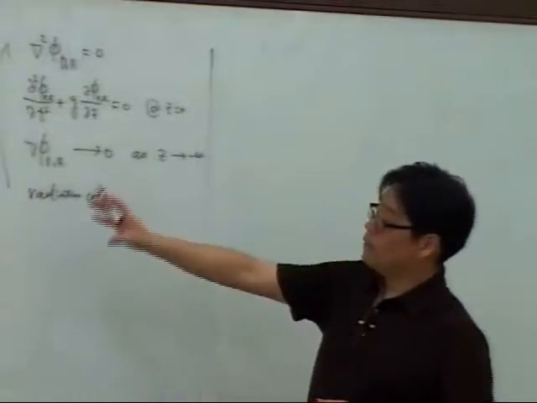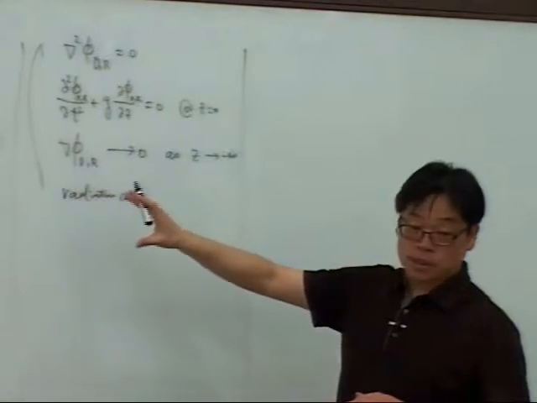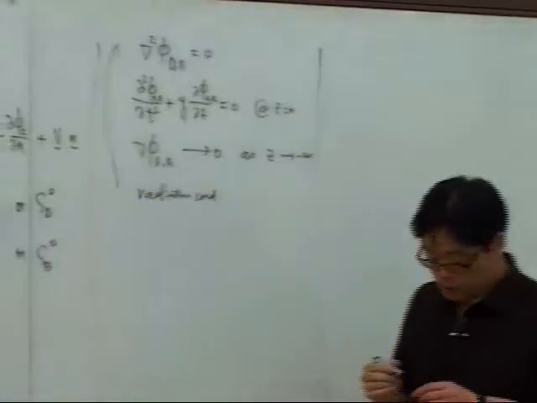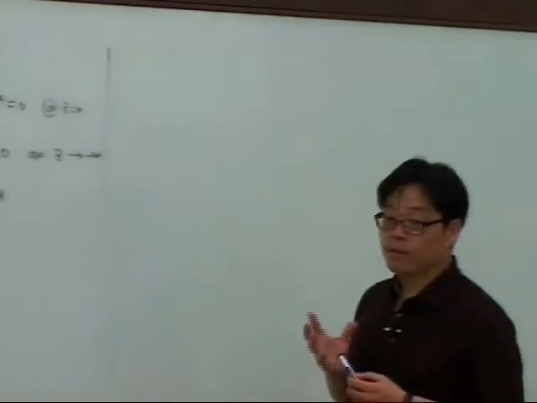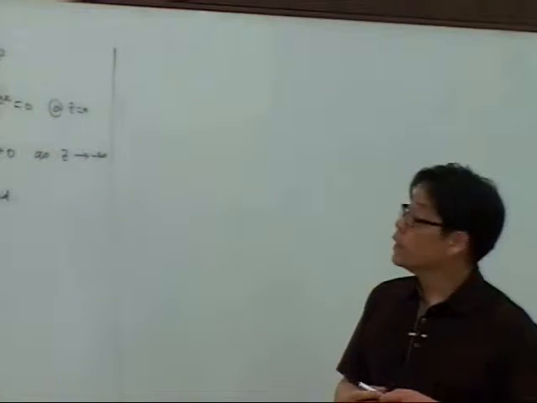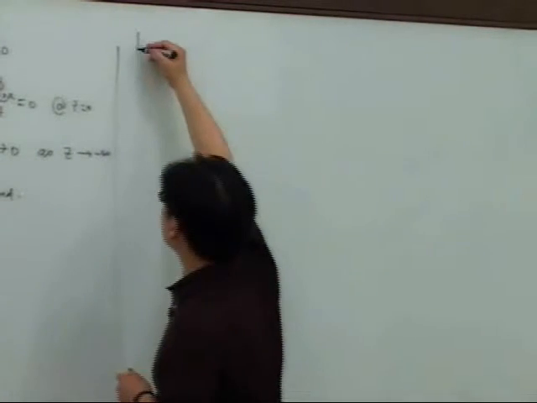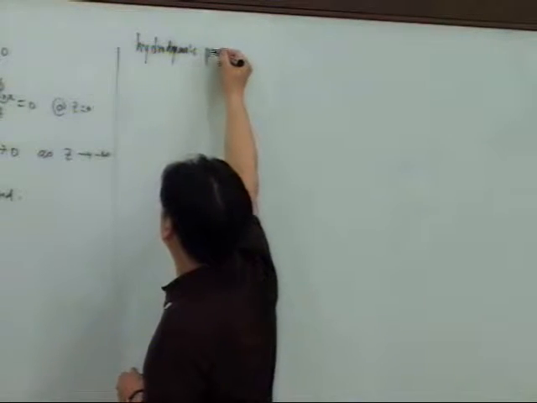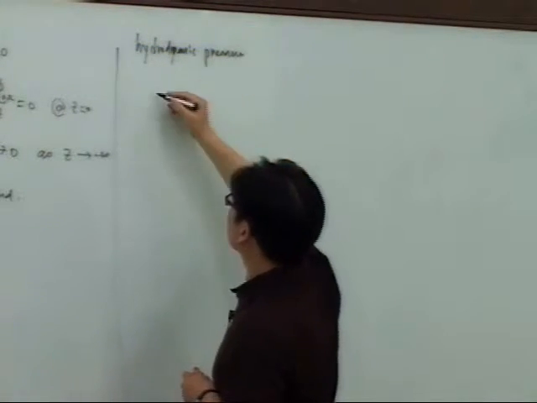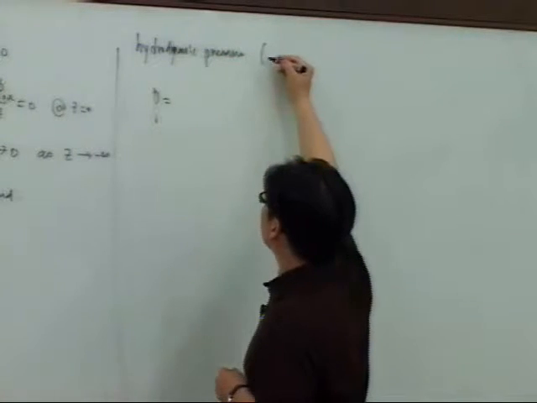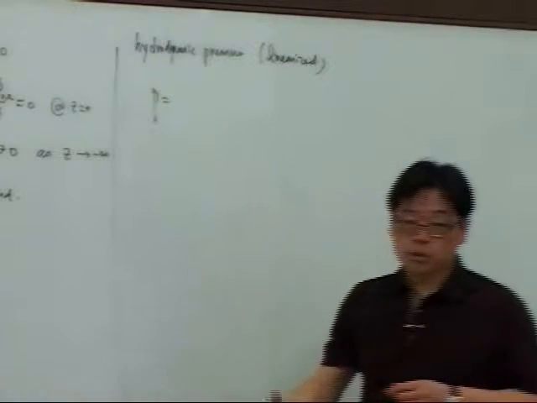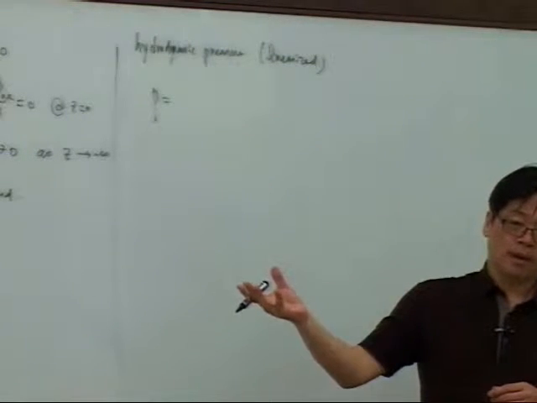But once you solve this boundary value problem with these boundary conditions, then you have a velocity potential, and then you can compute the hydrodynamic pressure. P, of course, is linearized because we linearize the problem, okay?